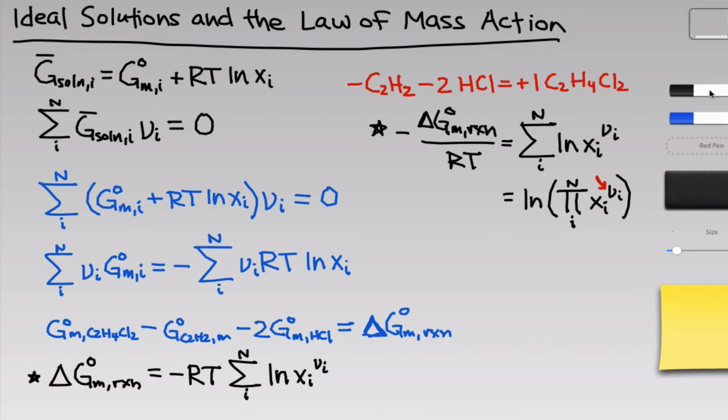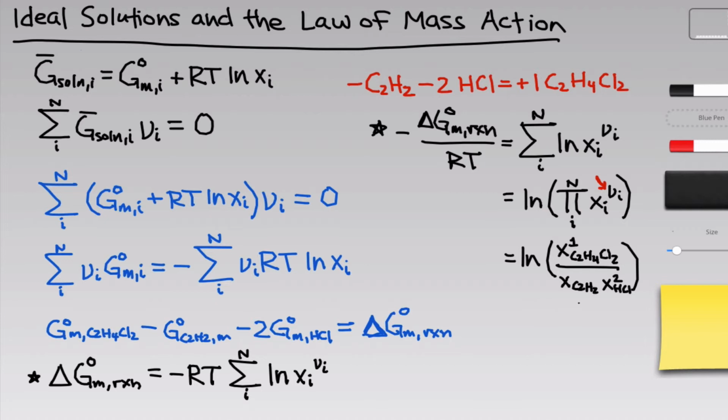So another way to write this is, for example, for our specific case of C2H2 reacting with HCl, we could write this as the mole fraction of C2H4Cl2, the product, raised to the positive 1 power. So we often don't include that, but I'll include it here just for clarity. Divided by, now, since these stoichiometric numbers for the reactants are negative, x for C2H2, x for HCl, squared.